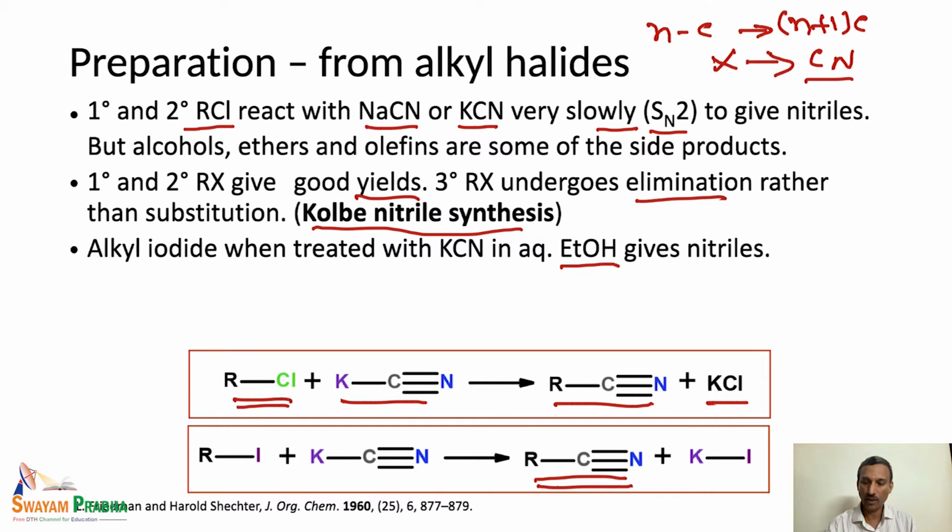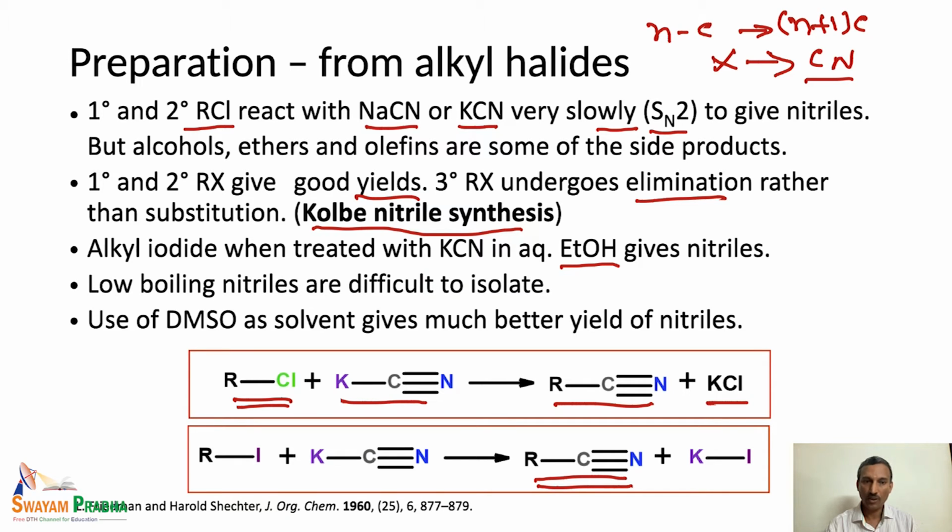Even in the case of tertiary alkyl halide, this reaction actually gives better results, and when we use DMSO as a solvent, that actually increases the yield of this reaction compared to aqueous ethanol. And low boiling nitriles, if they are formed in a particular reaction, are very difficult to isolate. So, these are some of the limitations of this particular method.